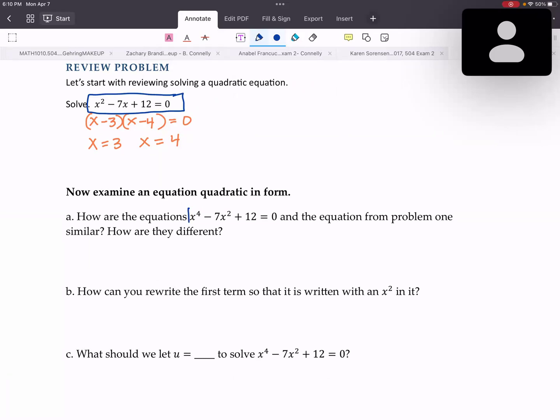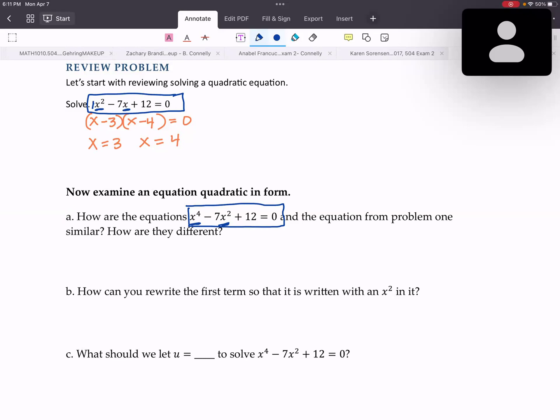Well, we can see that our coefficients are the same on all of them. We've got a 1, a -7, and a 12 on both of them. However, our exponents are different. We've got x to the 4th power and x squared on that second one, where on the other one we have x squared and just x.